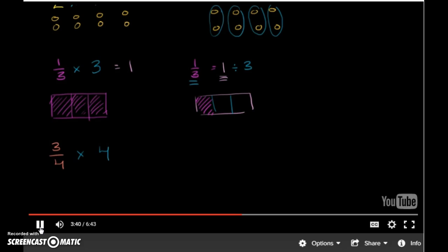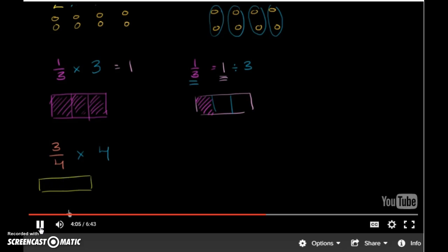So once again, let's see if I could draw a fourth here. Let me do this in a new color. So let's say that this block right over here is a whole. I'm going to divide it into 4 equal sections. So now I've divided it into fourths, and let me copy and paste it so I can use it multiple times. So copy. All right. Now 3/4, well, we can assume I didn't draw it perfect.